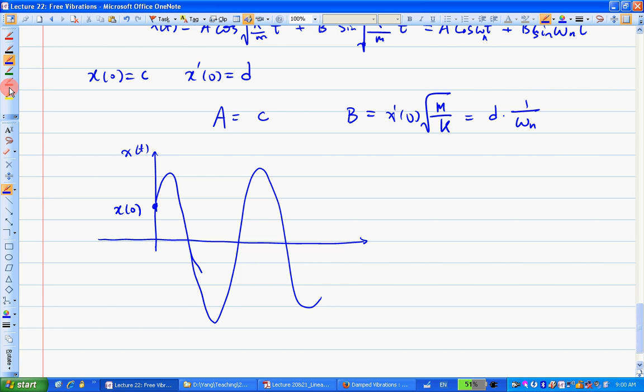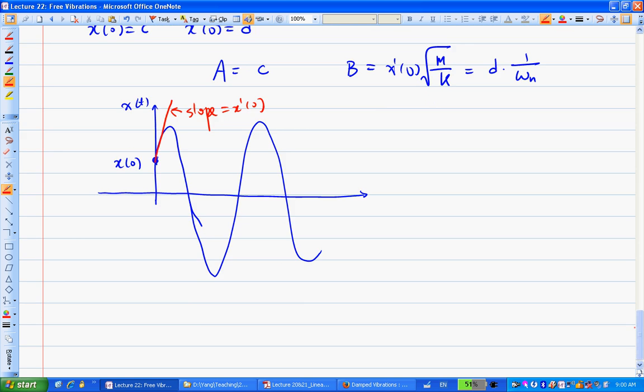And the other fact is this: when you draw a slope at the beginning of this sinusoidal curve, this slope gives you this x prime of 0.